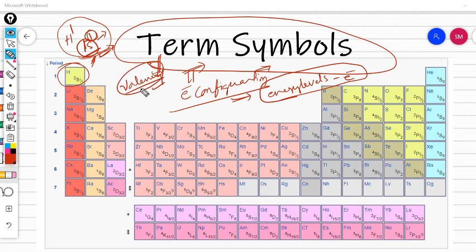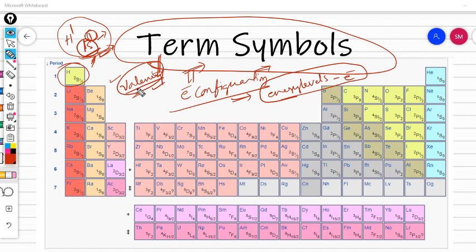We are not going to use it much for the elemental form. Of course we can, but mostly we will use term symbols for atoms present in molecules and in different oxidation states.